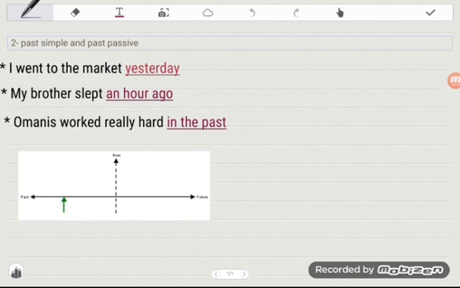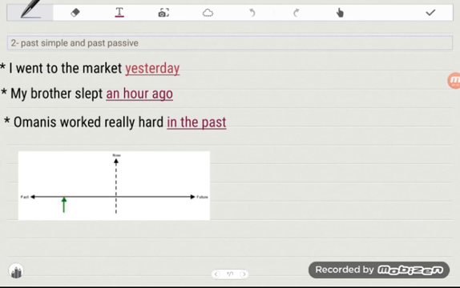And the last sentence is: Omanis worked really hard in the past. Now, in these sentences, I want you students to focus on the action of each of the three sentences here.